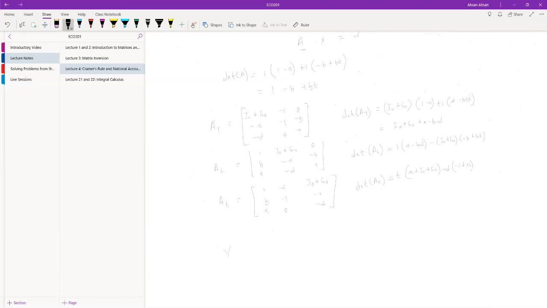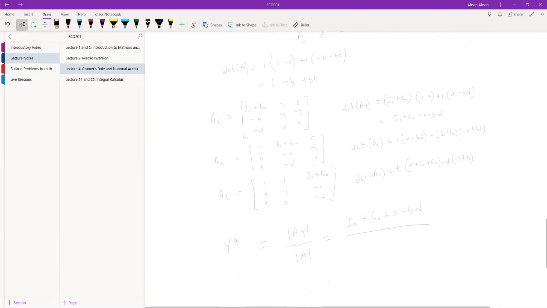So if I want to find the value of Y, remember according to Cramer's rule, what I have to do is determinant of AY divided by determinant of A. So that gives me I naught plus G naught plus A minus BD divided by, how much was A? Oh, it's right there. 1 minus B plus BT.